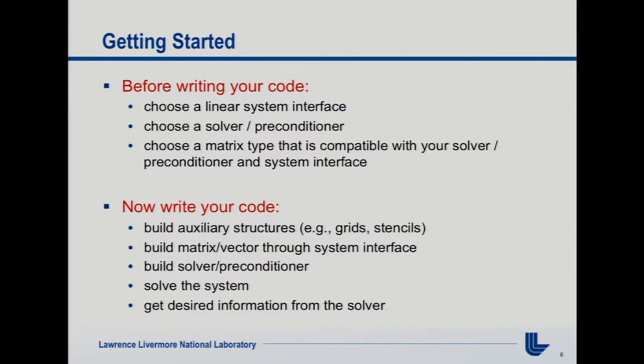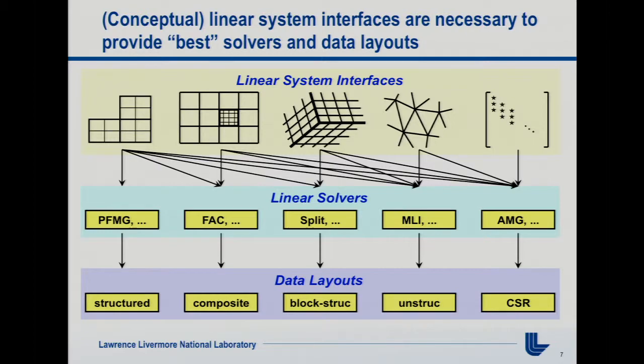And then you can go and start writing your code. When you're building the system, it may require building some auxiliary structures like grids and stencils, and you'll see that in a minute as well. So you build your linear system, build your solver, solve the system, and get the information out. So just as a summary, this is how you use the package. And let me say more about this linear system interface stuff first.